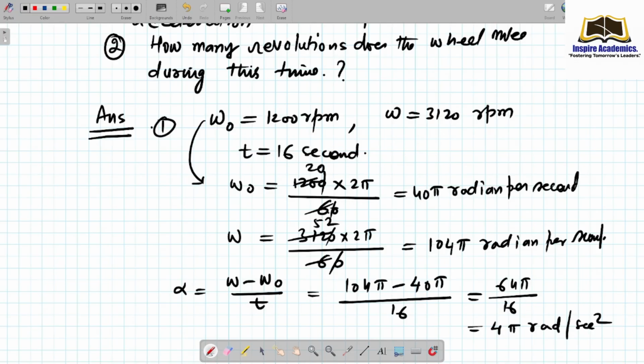Now number 2. You are asked how many revolutions the wheel makes during this time. Which formula would you use? For this you will use theta is omega naught t plus half alpha t square.